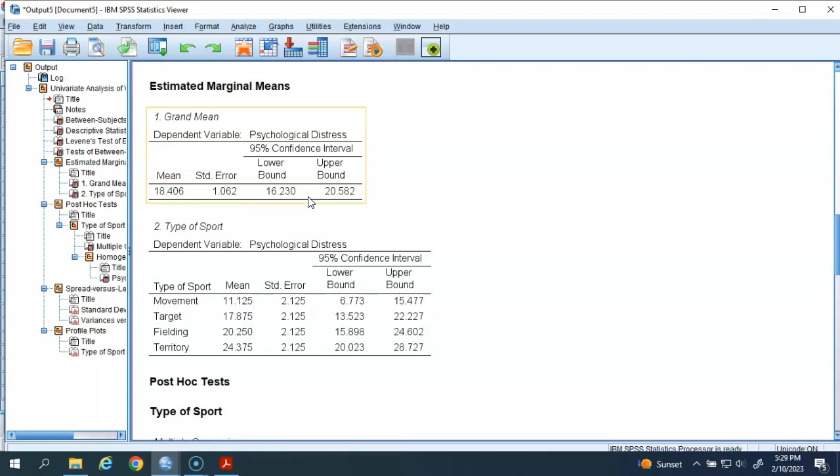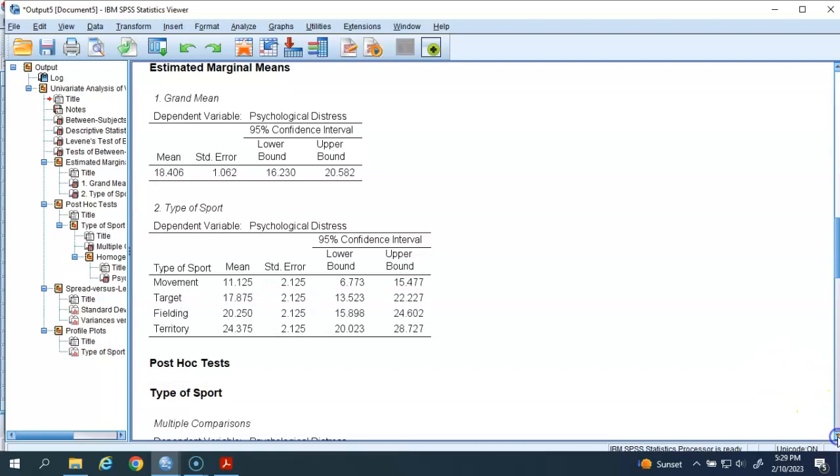So that 95% confidence interval is around this grand mean of 18.4. And then the same thing here for each sport type. We can see the marginal mean after computation, and each one of those mean values, the standard error, and the lower and upper boundaries around those means.